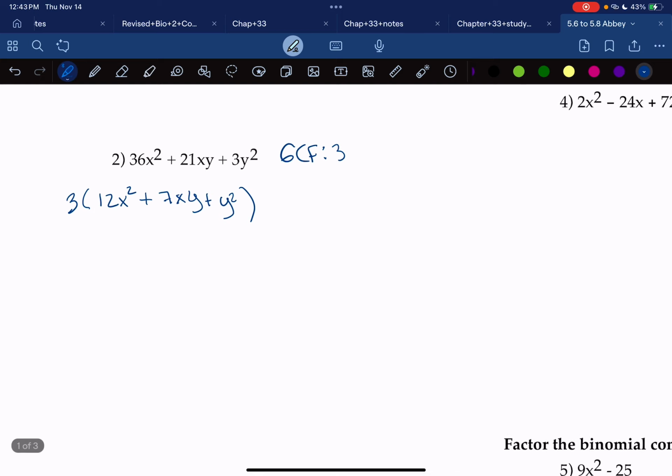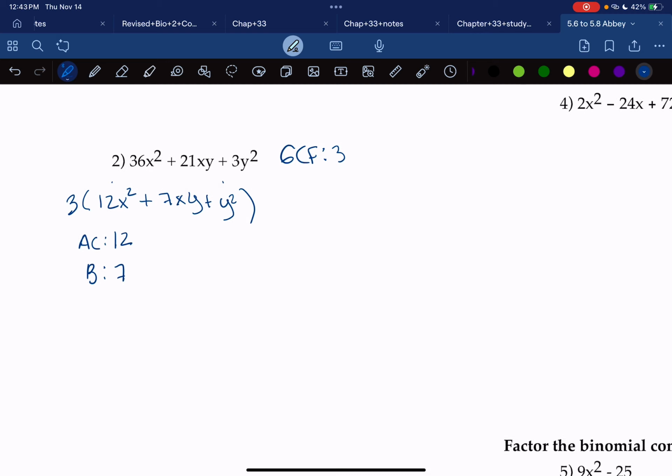Now we are going to do A, C, and B. A times C, or 12 times 1, is going to be 12, and then our B is 7. And we have to find two numbers that can multiply to 12 and add up to 7. In this case, our numbers are 4 and 3.